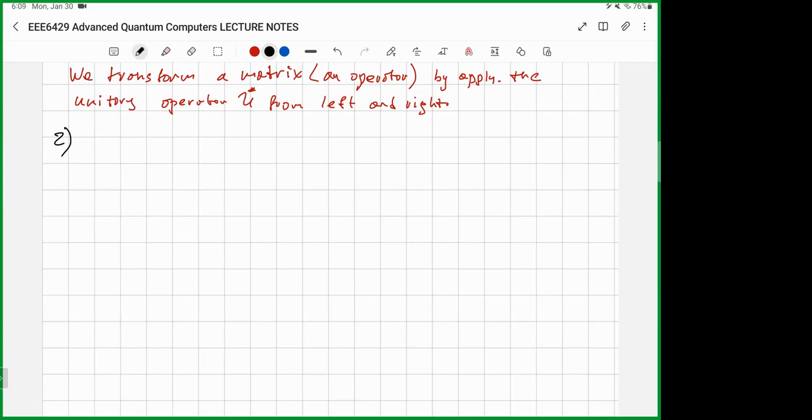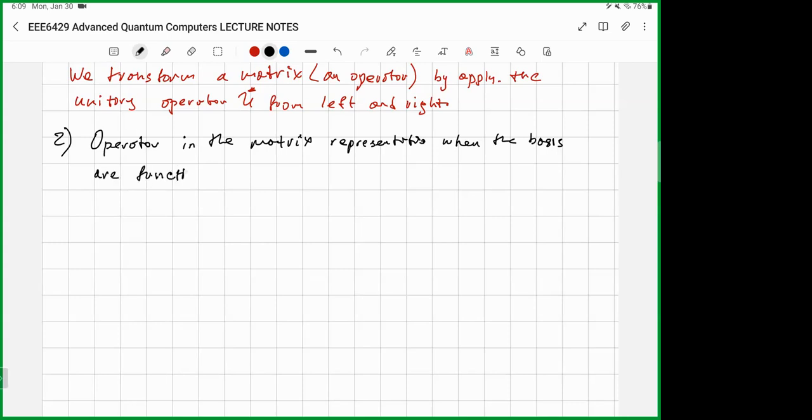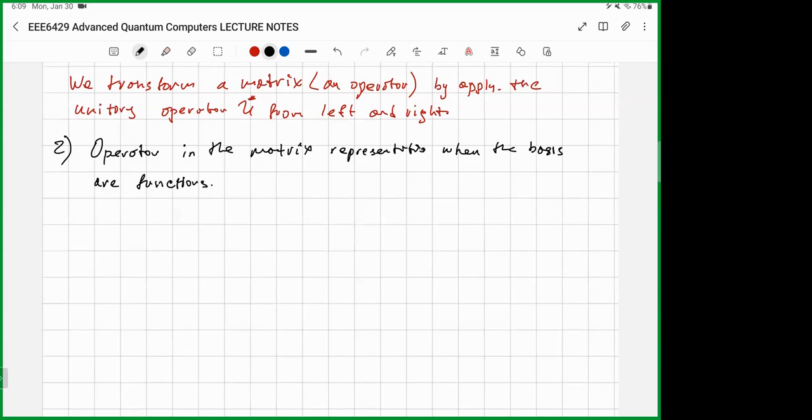So the operator in the matrix representation, when the bases are functions, right?